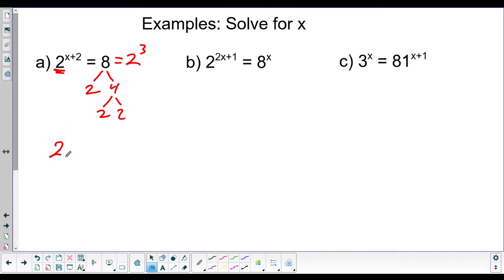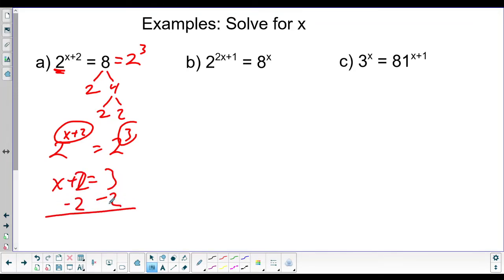So we have 2 to the x plus 2 power equals 2 to the third power. Set the exponents equal to each other. x plus 2 equals 3. Sorry, x plus 2, not 1. Subtract 2 on both sides, and x is 1. That's our answer.